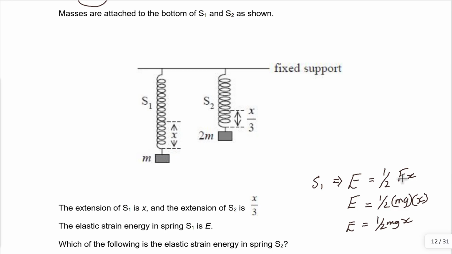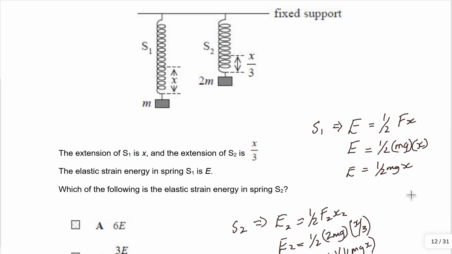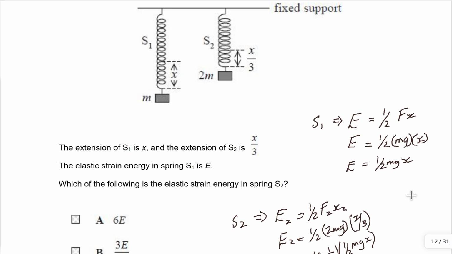So what is the force on the first spring? It is mg because the mass is m, times g, and then the extension is x also, so we just write x here again, and therefore the strain energy E as written here for S1 is a half mgx.